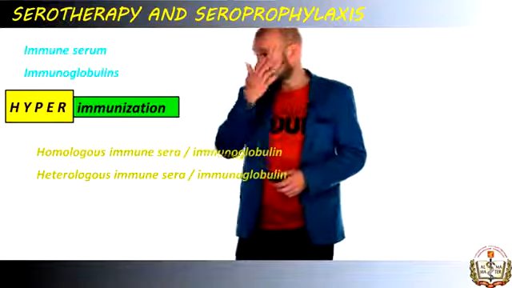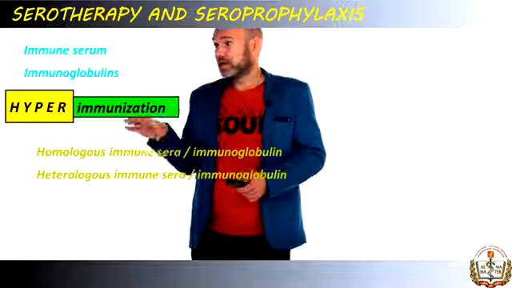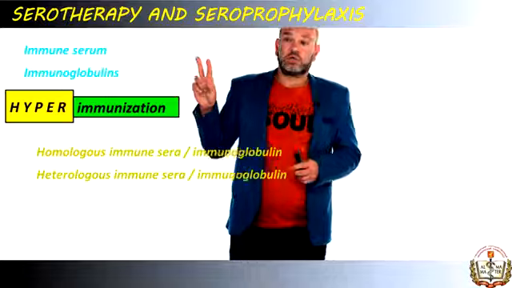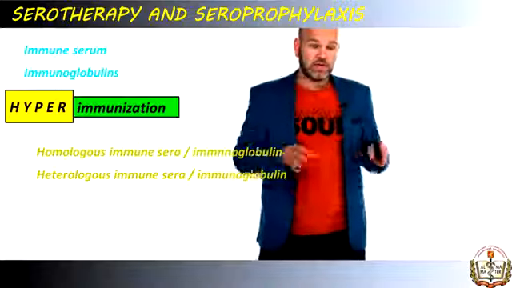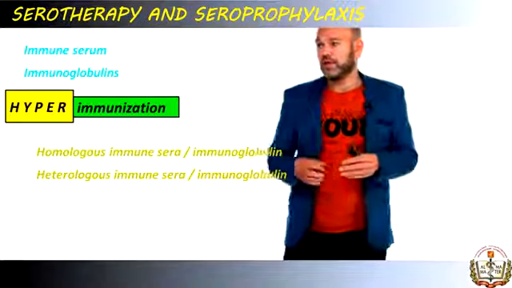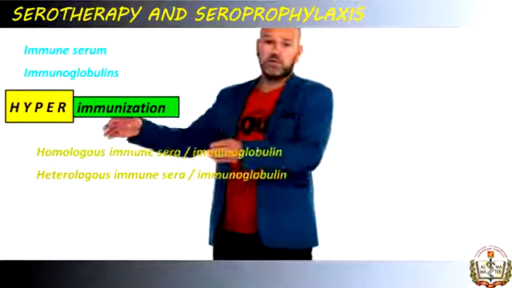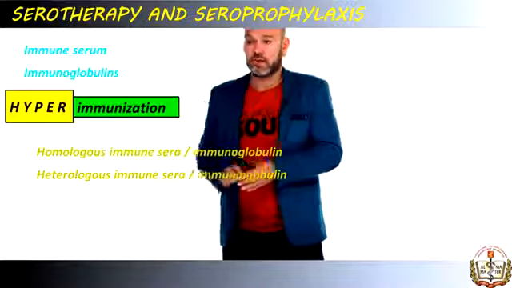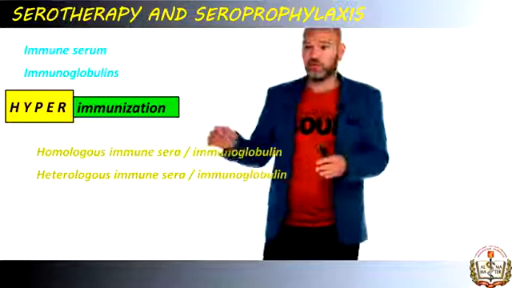So again, as I mentioned, in medical practice we have two sides of one problem. You have an ill person who needs antibodies right now, and you should have some donor, a volunteer, who will donate antibodies. We have a recipient and we have a donor.